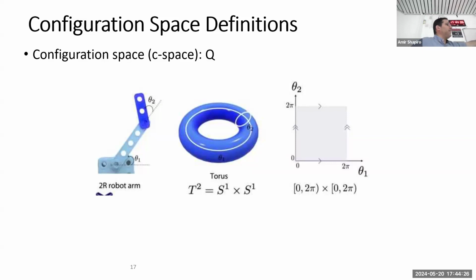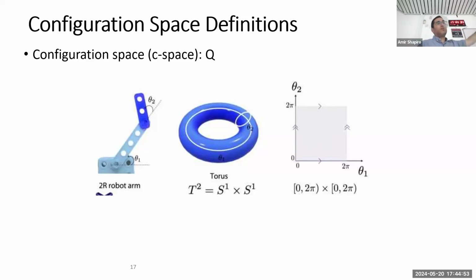So here it's θ1 and θ2. These are the two parameters of the configuration space. And you can see here, θ1, θ2, this entire box on the right, this is the configuration space in which the robot can move.